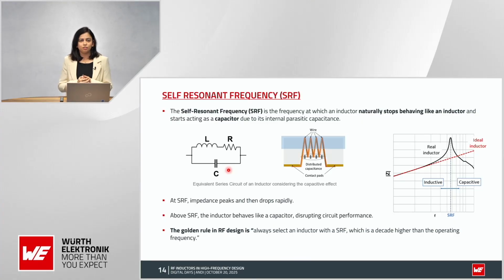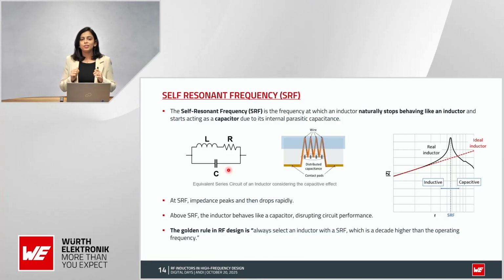For example, if I want to use an inductor in a filter to block a high frequency noise signal, but that signal is higher than the SRF, then what will happen? My inductor will pass that noise signal because it will act as a capacitor above SRF, and my filter will fail miserably.